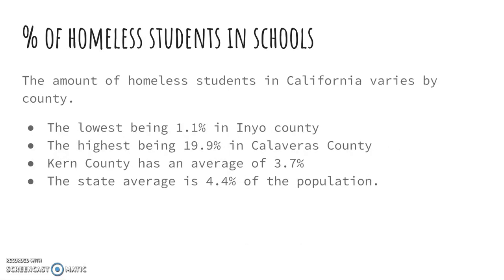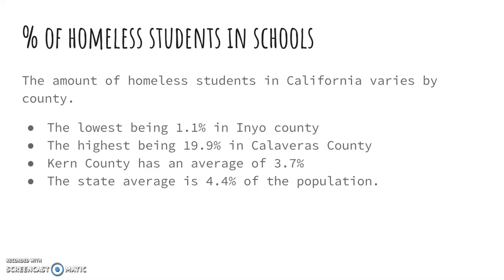Percent of homeless students in schools. The amount of homeless students in California varies by county. Within California, the lowest county, hopefully I am pronouncing this correctly, is Inyo County, with about 1%.